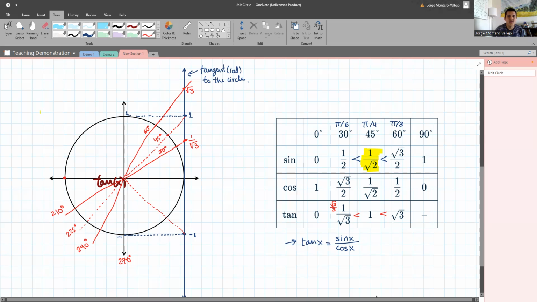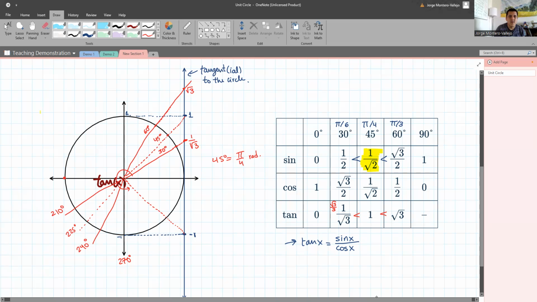But what if this is in radians? Well, let's see. 45 degrees is the same as pi fourths radians, right? Now, how many do we have up to here?